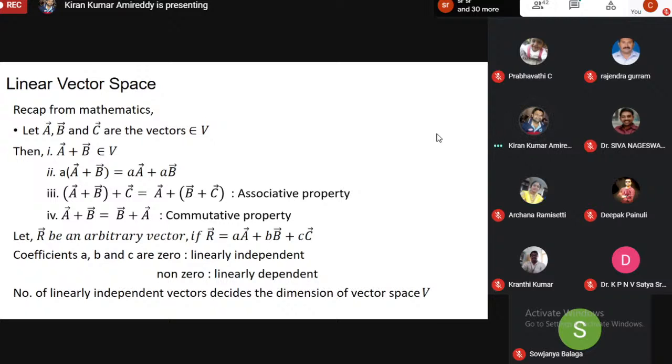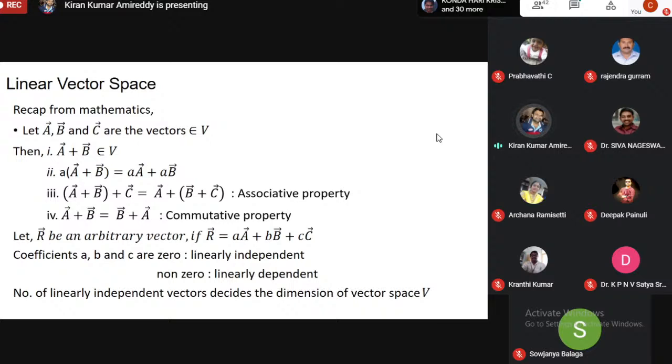We also discussed that if an arbitrary vector is given, let us take that arbitrary vector to be R. If R can be expressed as a linear combination of the given vectors, then the system is called a linearly dependent vector system.